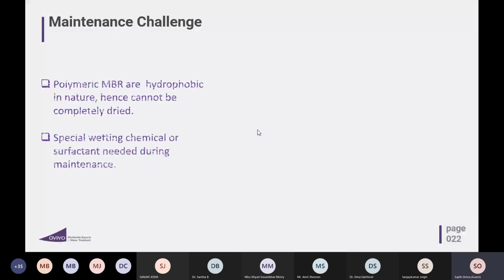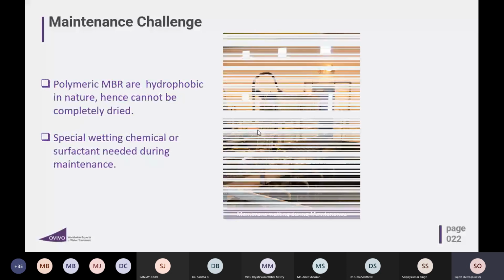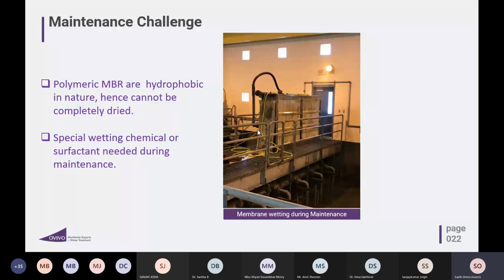During maintenance, there is also a challenge. Usually the polymeric membrane is hydrophobic in nature. You cannot completely dry those membranes. If you have to take out those membranes from the tank, you need to make sure that you continuously wet them. Otherwise, if you allow those polymeric membranes to get dried up, typically the pores get collapsed and it becomes irrecoverable.